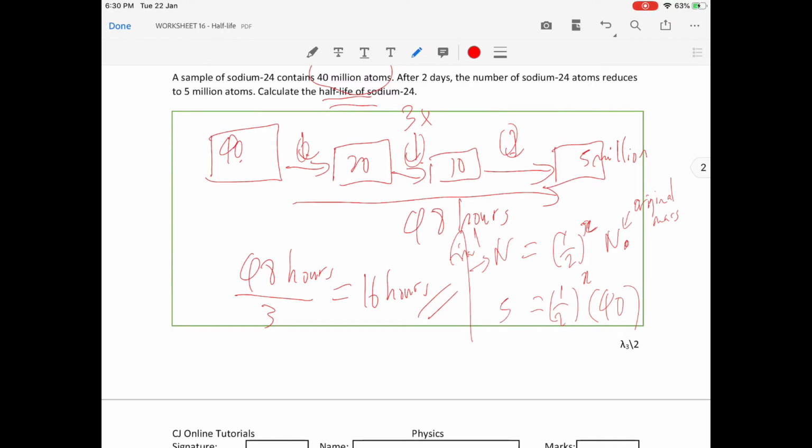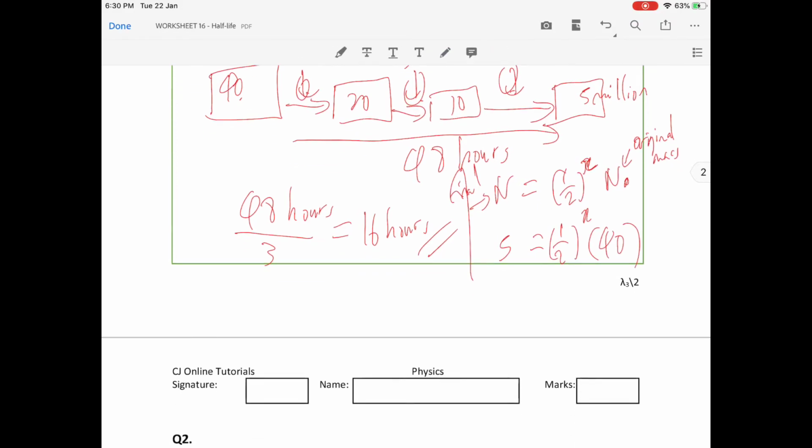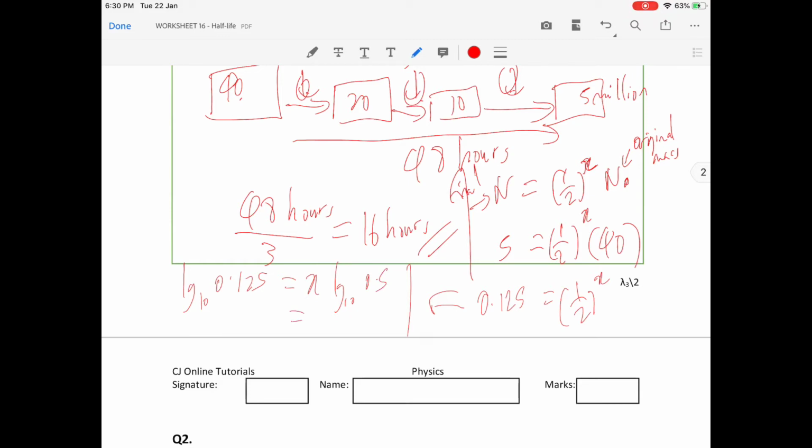So this will require a bit of add maths because you need to solve it using log. So 5 divided by 40, and you get 0.125. Half to the power of x. You can use any logarithmic solution to solve it, so I'm just going to use base 10. Log base 10 of 0.125 equals x times log base 10 of 0.5.